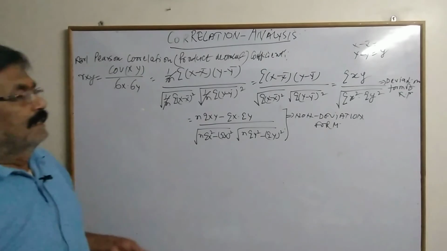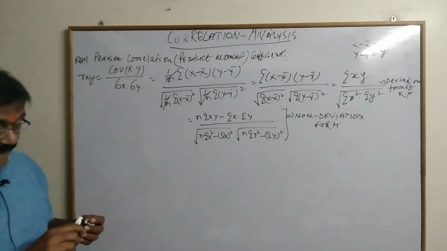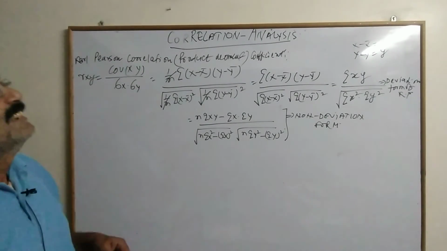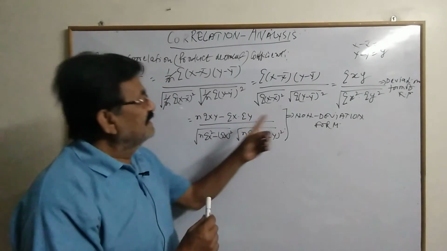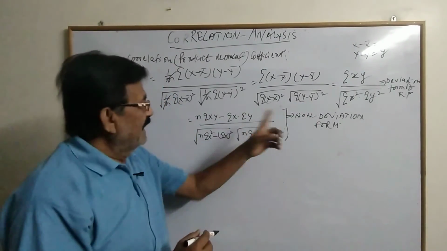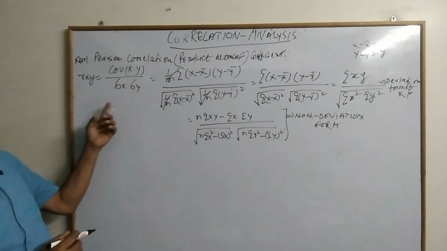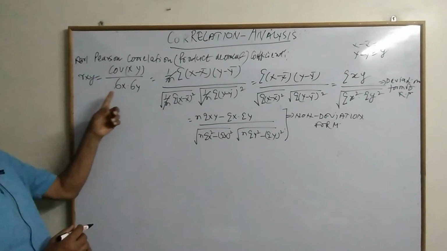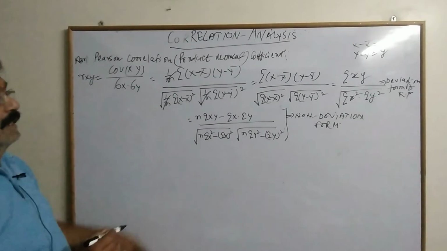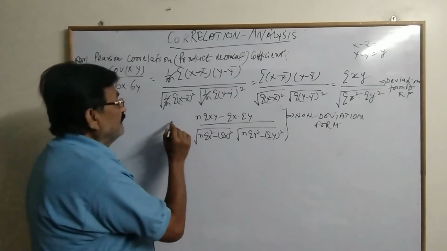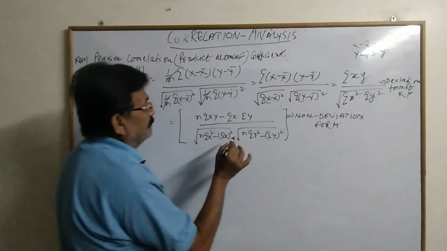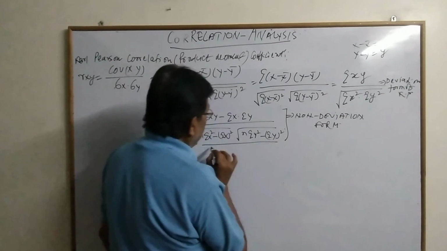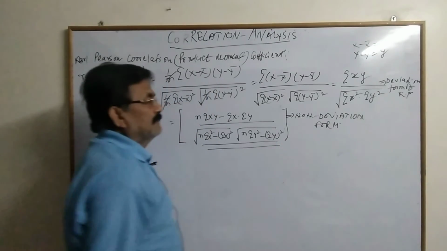It must be clear that mathematically there is no difference between the deviation and non-deviation forms. Both are identical statements. Both have been derived from this one: covariance of x and y divided by the standard deviation of x and the standard deviation of y. But for our own convenience, these two forms of Karl Pearson are used at two different places.